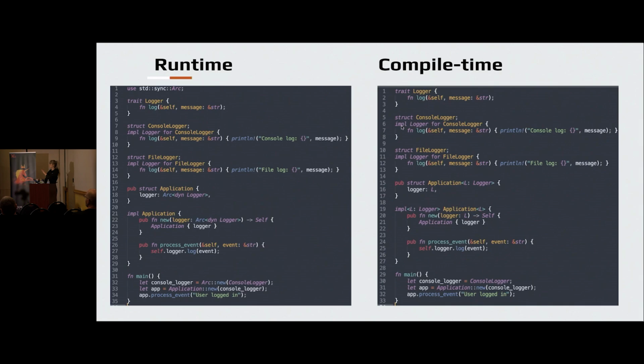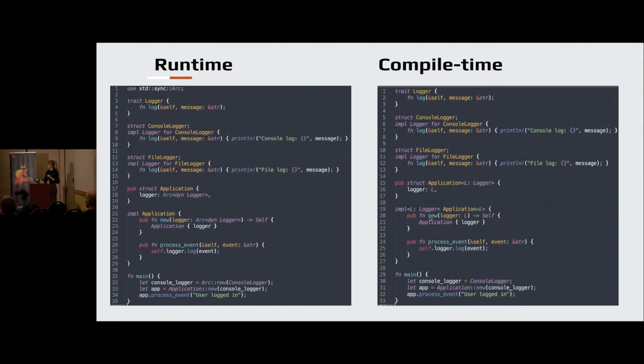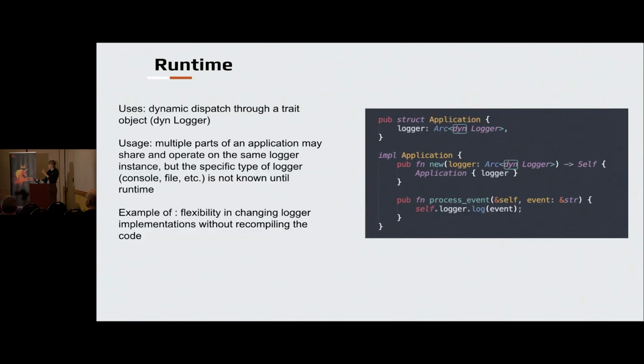We have a logger, we have an application, and in this part, our application, sorry, basically line 19, you can see how the logger is used during your compile time, versus this slide.